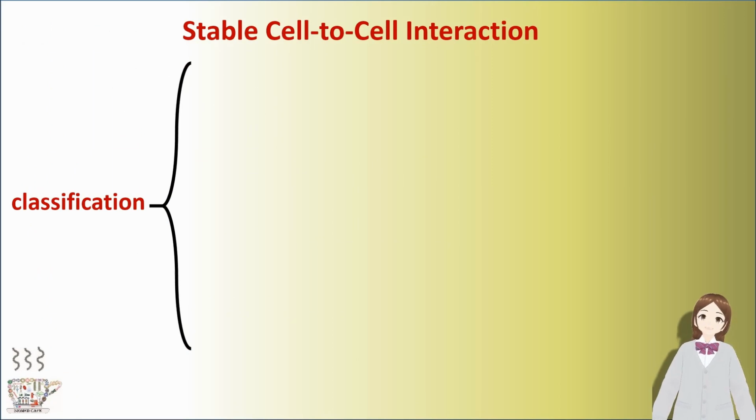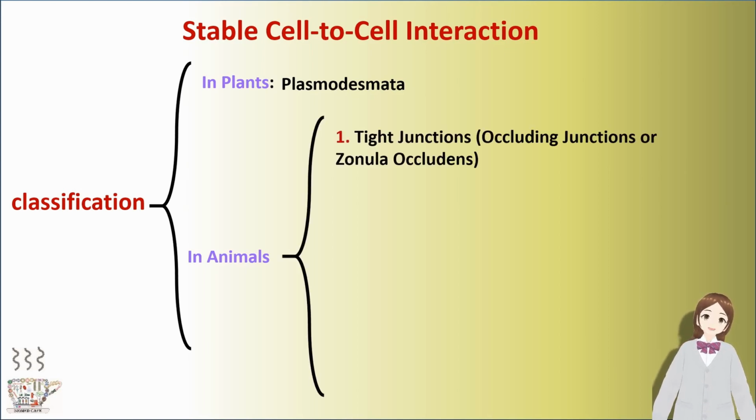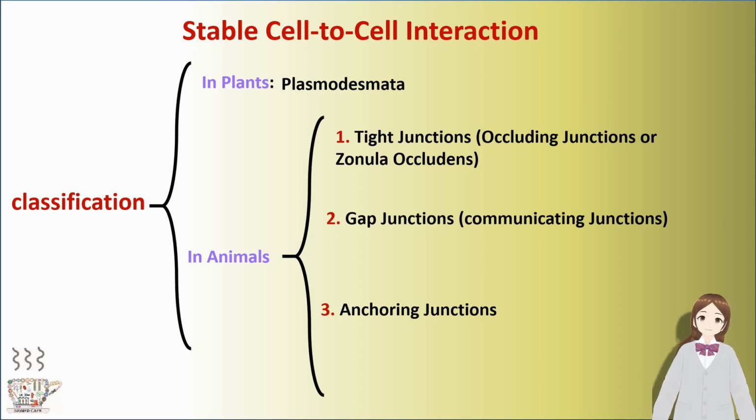Stable cell-to-cell interaction in plants is Plasmodesmata, but in animals can be divided into three subgroups: tight junctions or occluding junctions or zonular occludens, gap junctions or communicating junctions, and anchoring junctions.